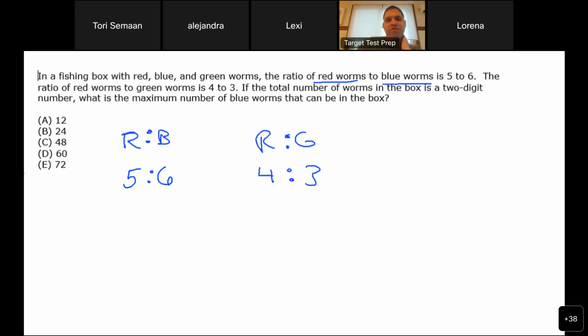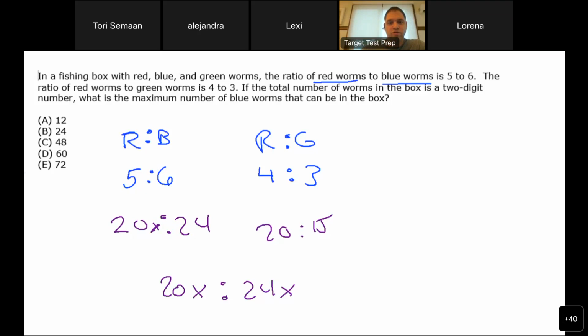Now the problem is you can't have red being 5 and red being 4. So really what this is saying is it's got to be 20 to 24 and 20 to 15, right? Now, that gives us a 3-part ratio of 20 to 24 to 15. And we could assign an X multiplier to those if you want to. So that's 20X to 24X to 15X.